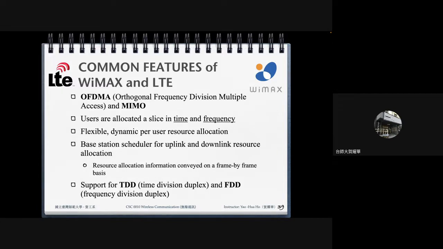It's very flexible and very dynamic for each user's allocation. The base station scheduler for uplink and downlink is different. So the resource allocation is on a frame by frame basis, not a connection by connection basis. It also supports time division and frequency division at the same time, along with orthogonal frequency division.